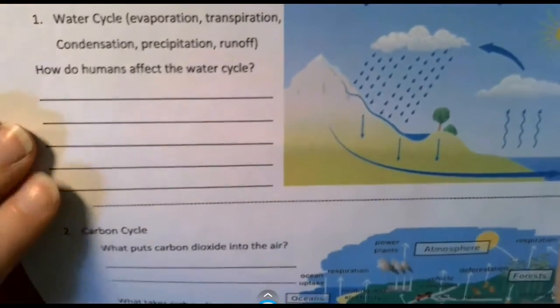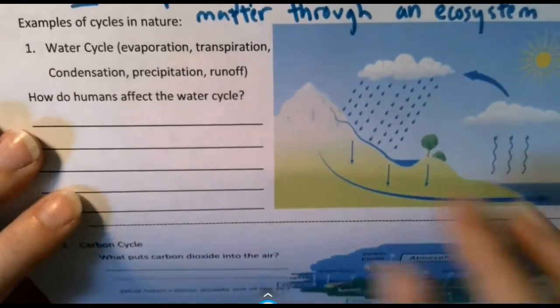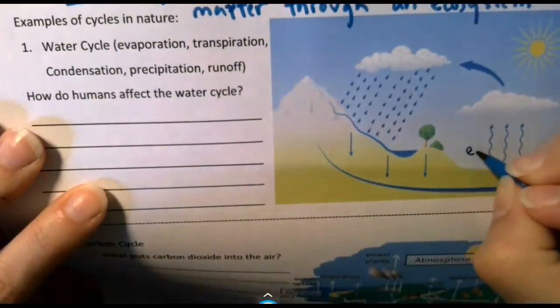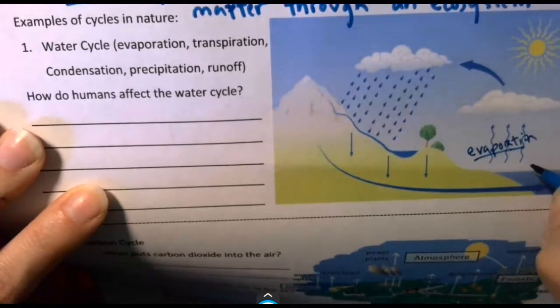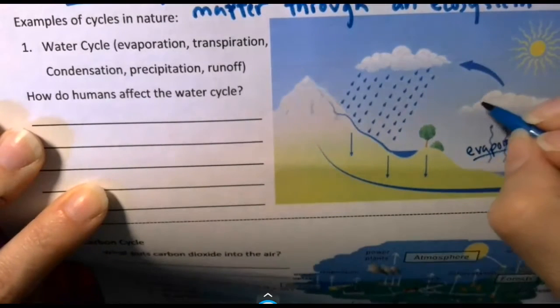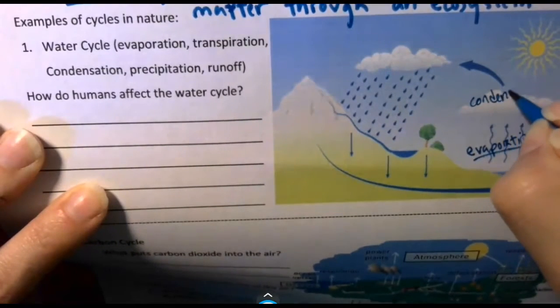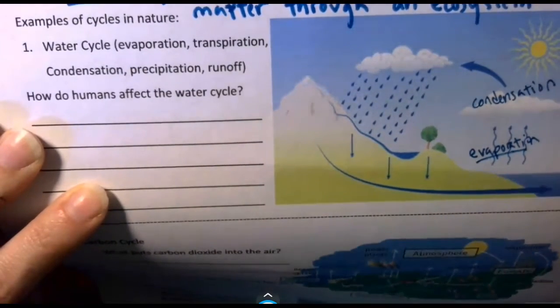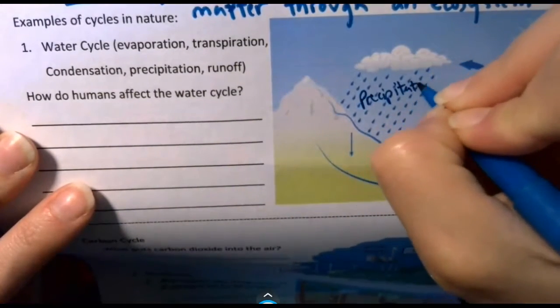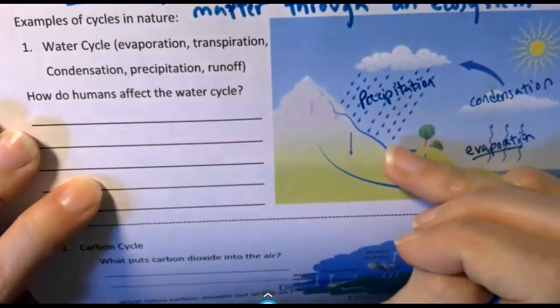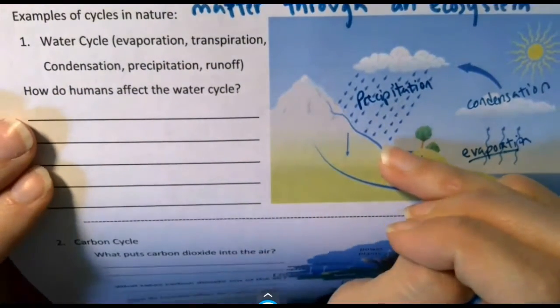The first one is the water cycle. In the water cycle, we have evaporation of water out of oceans and streams. We have condensation as the water forms clouds. We have precipitation as water falls back to earth as rain or snow or sleet.